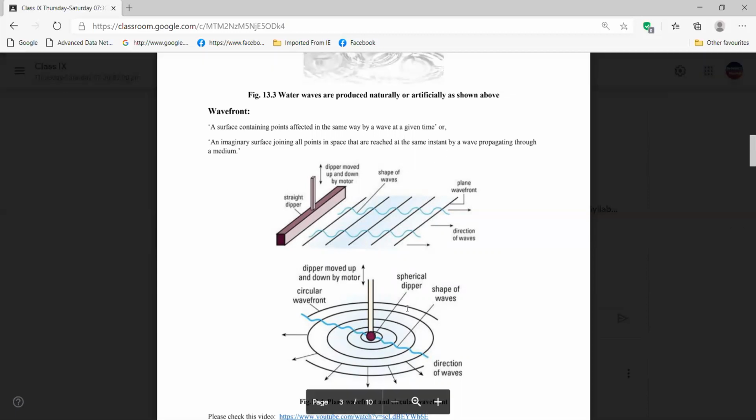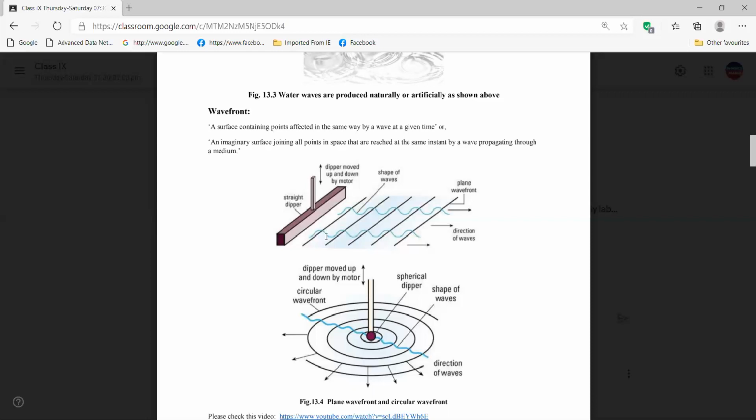And here we are having the spherical dipper, and from there we are getting the circular wavefront. So is it clear? Yes.